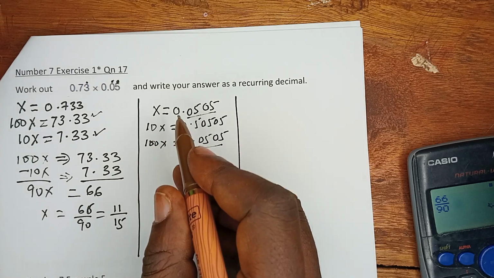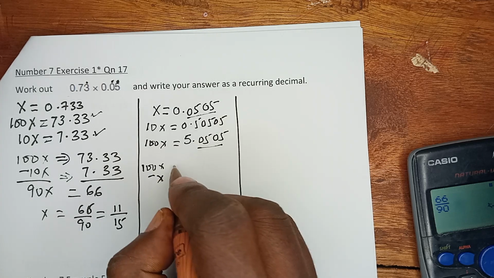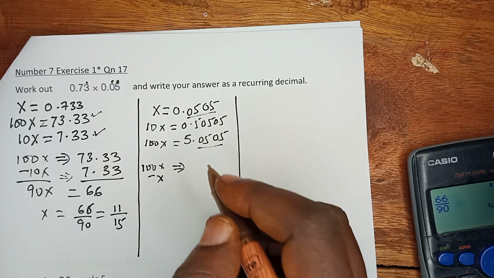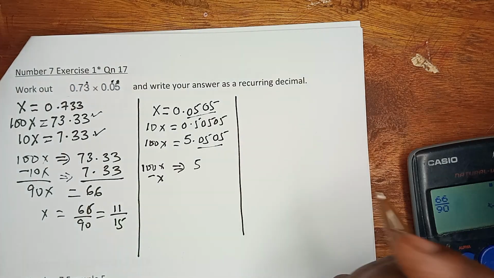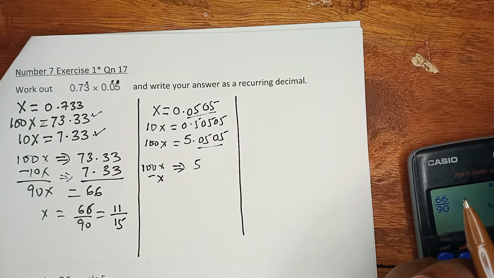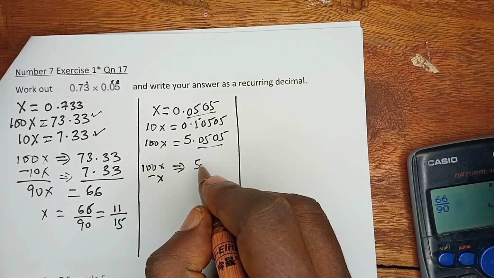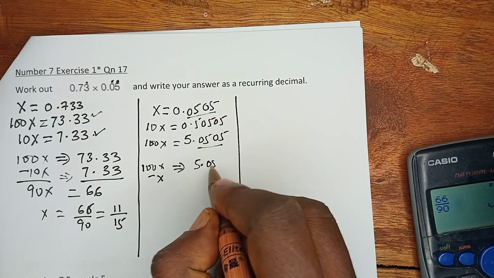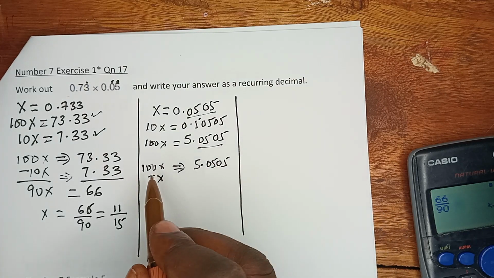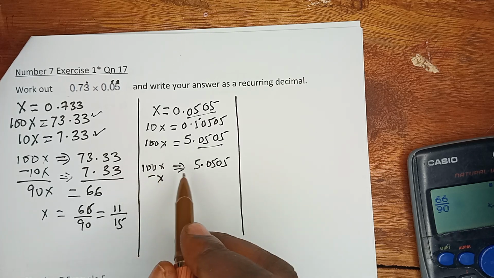We are now having 100x minus x, where 100x is equivalent to 5. We can even leave out the digits after the decimal point because they are not going to give us anything, but for the sake of accuracy, let's have 5.0505, because it is true that 100x is not equal to 5.